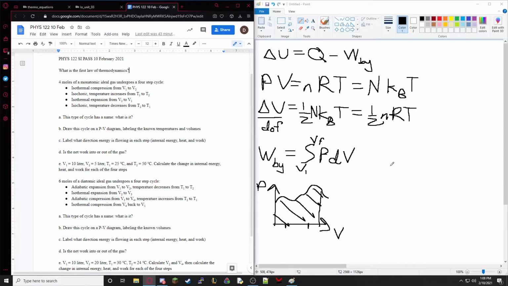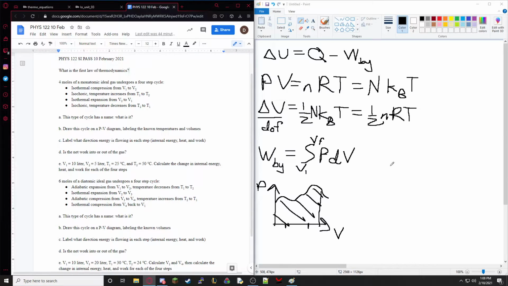I believe so. Let me double check that myself, because I haven't looked at this since last semester. The Otto cycle is, yeah, adiabatic and isochoric.